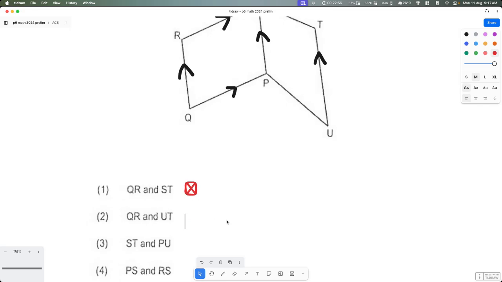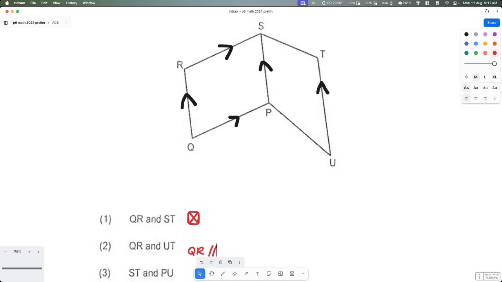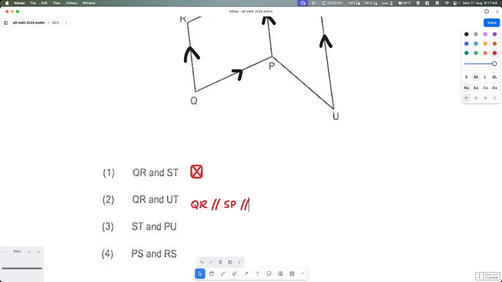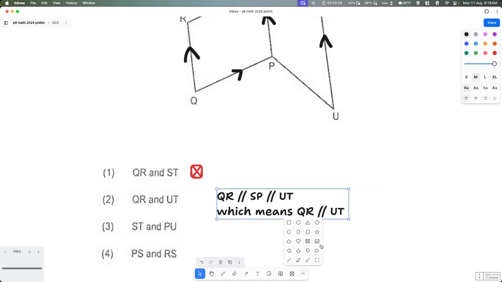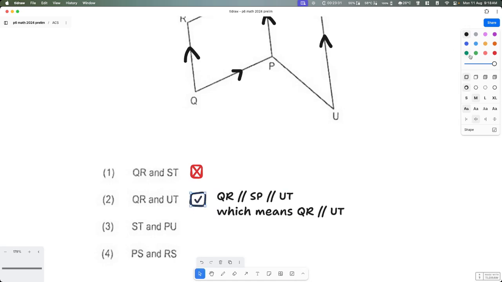The reason is QR is parallel to SP, which is also parallel to UT, which means QR is parallel to UT. So in this case, this deserves a tick over here. There you go.